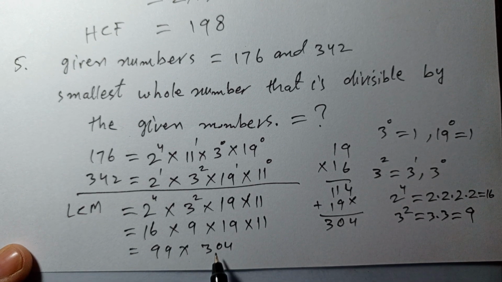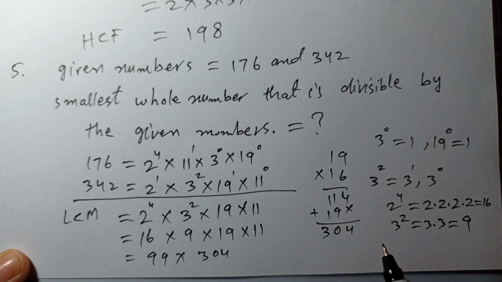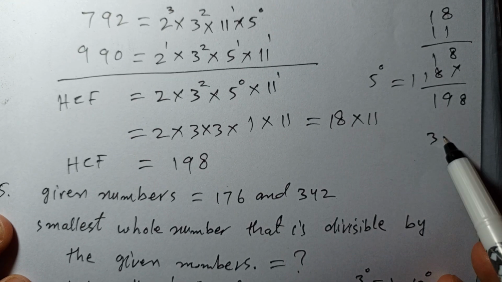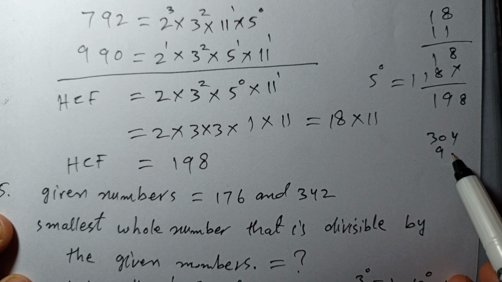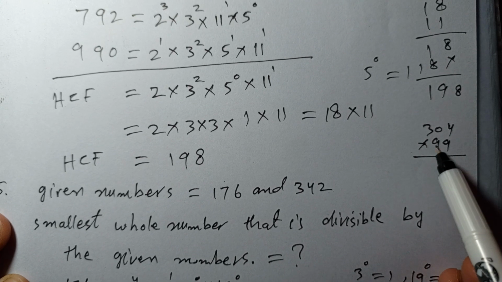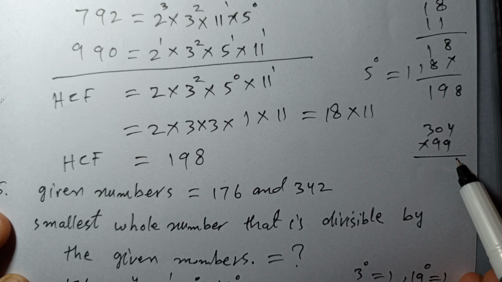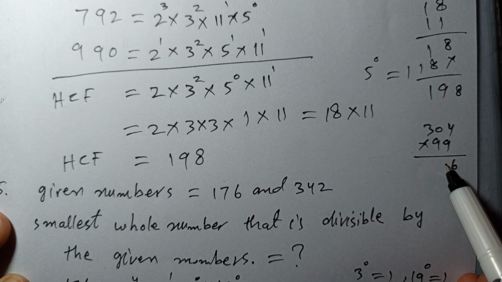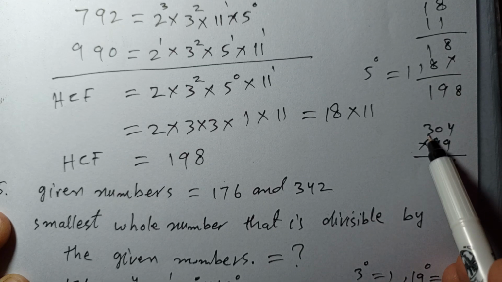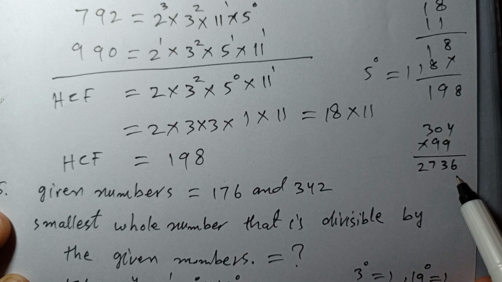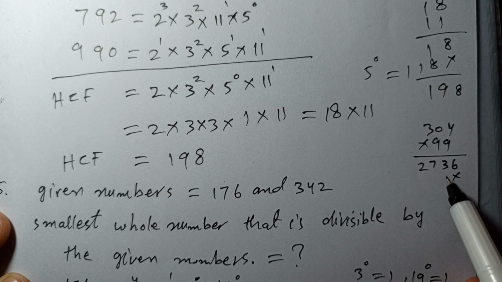Now 99 will be multiplied by 304. 304 multiplied by 99. 9 4s are 36, 6 and 3 carry, 9 zeros are 0, and the 3 will be written as such, 9 3s are 27. Again the same number will be there because the multiplier is 9.